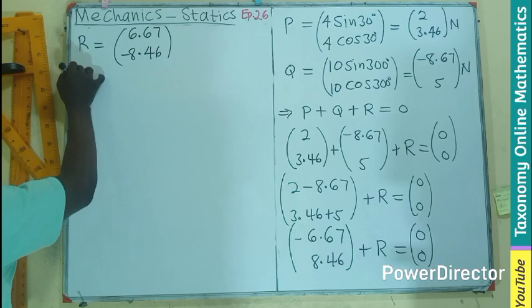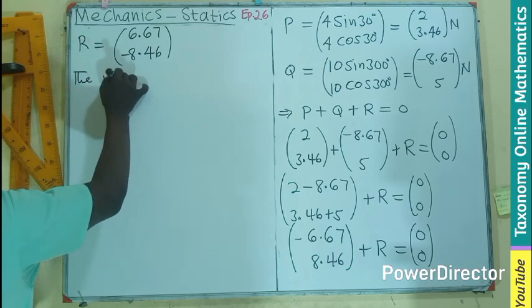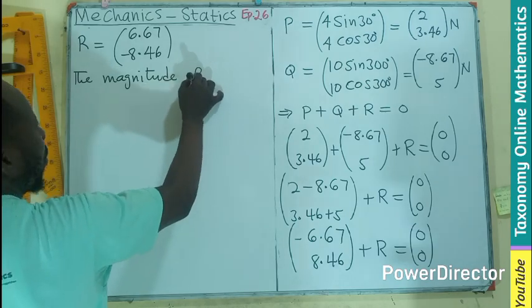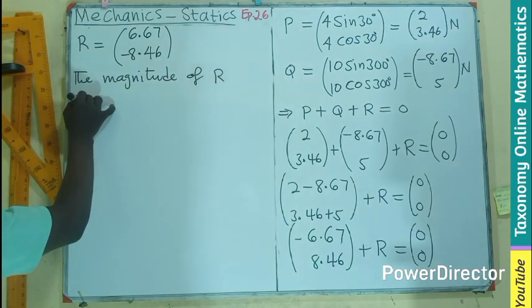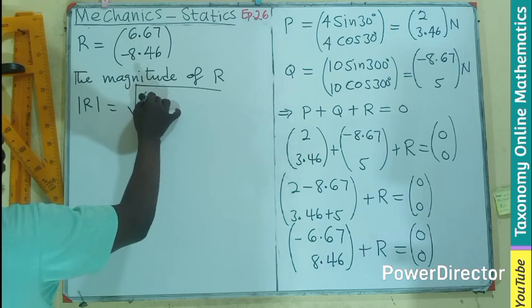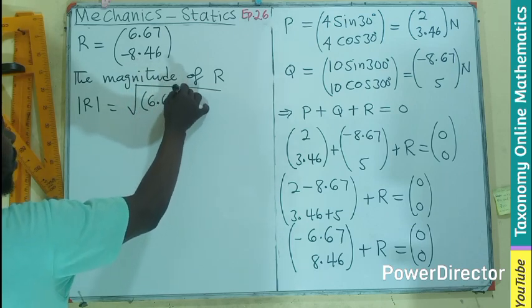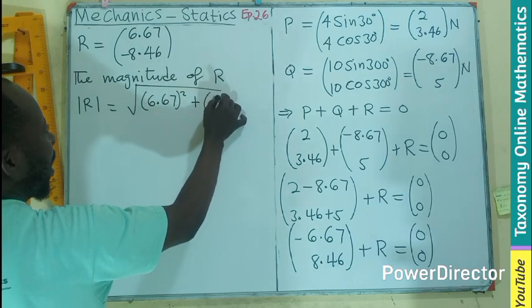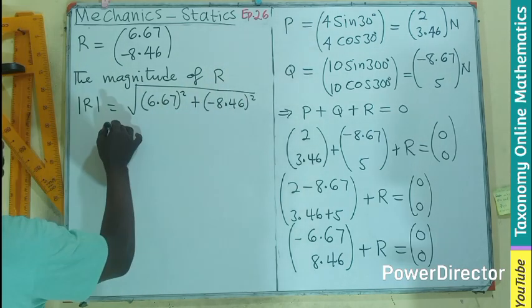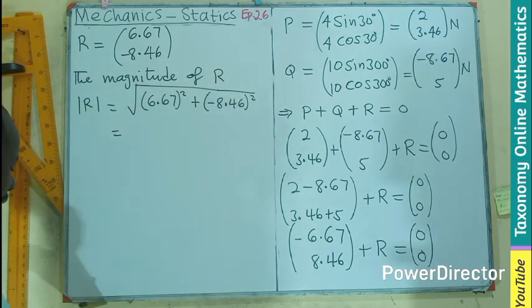So we need the magnitude of R, which means we find the square root of the square of the first component plus the square of the second component. We can put all of this in the calculator at once.